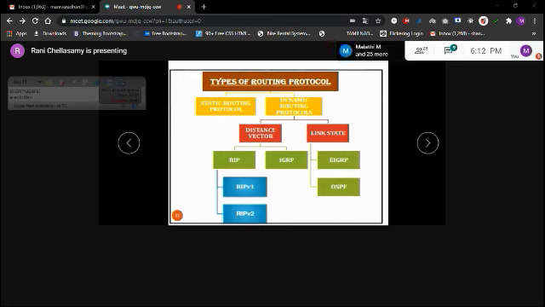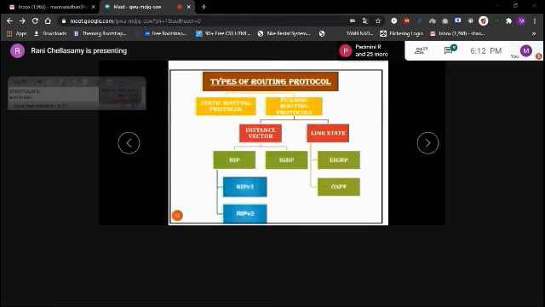Under distance vector, you can have RIP and IGRP. RIP means Routing Information Protocol, and IGRP is Interior Gateway Routing Protocol.